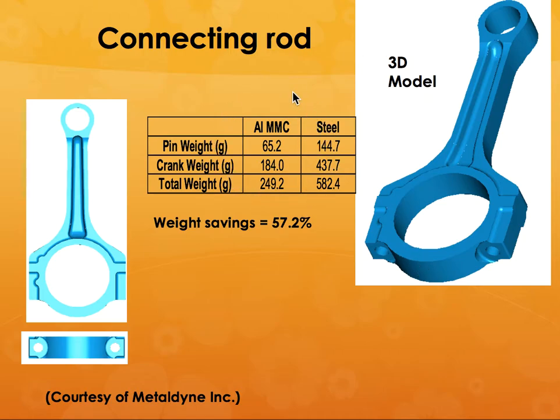So if it is an aluminum metal matrix composite, you can see the weight gains. You can save as much as 60% weight with respect to a forged steel connecting rod. It won't have the same properties, but it will meet the needs of the application.